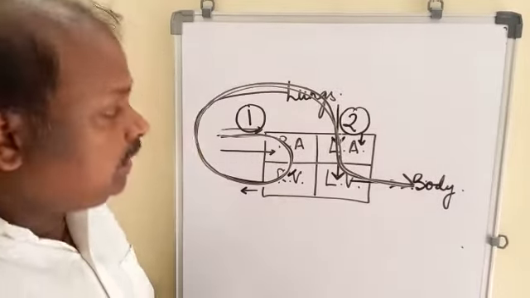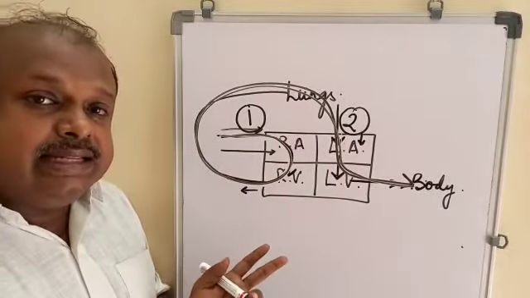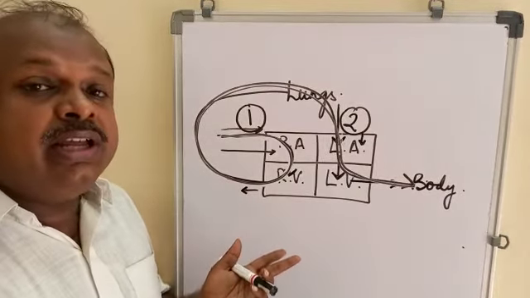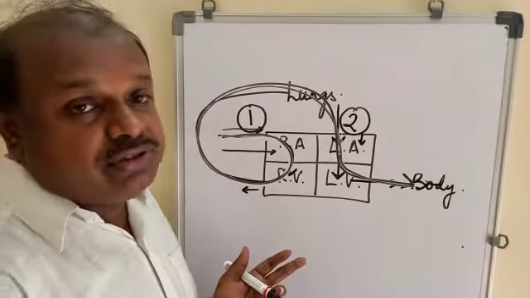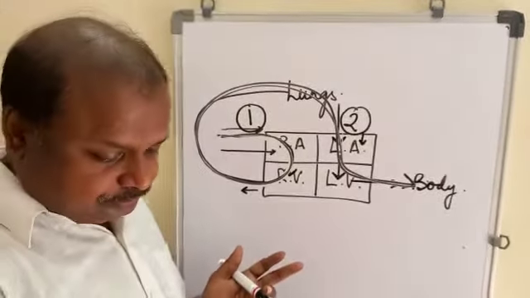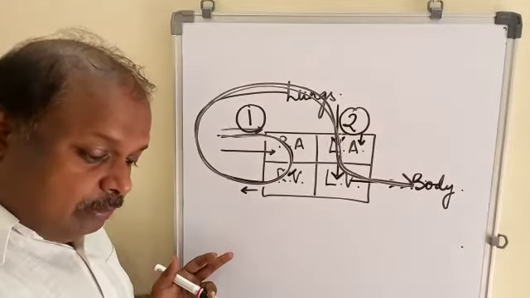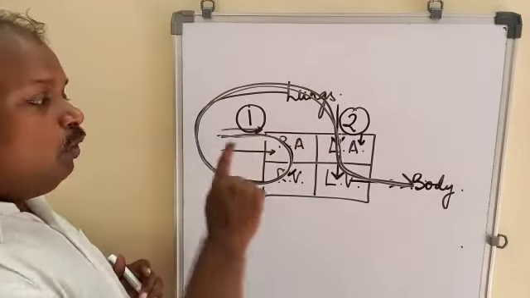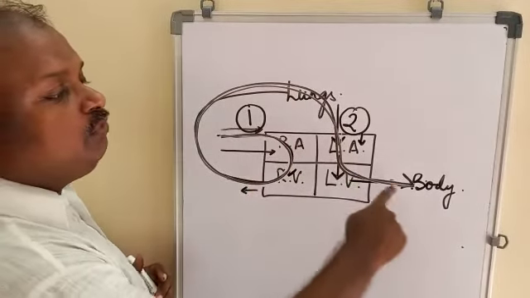Okay. So we have a complete sentence as the answer for the reasoning why the human circulatory system is called double circulation. The blood flows twice in the heart before its complete one full round.